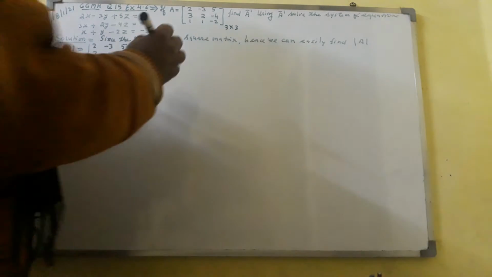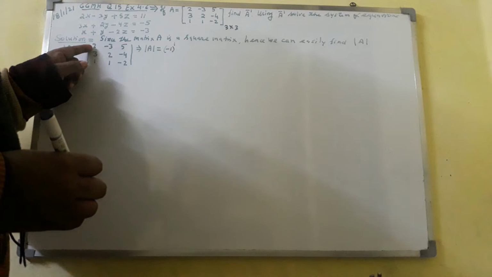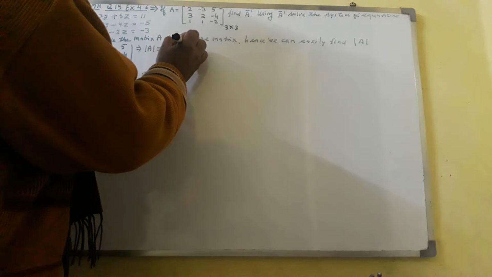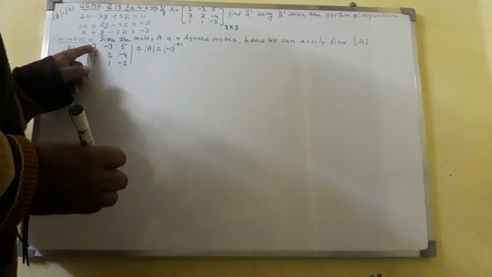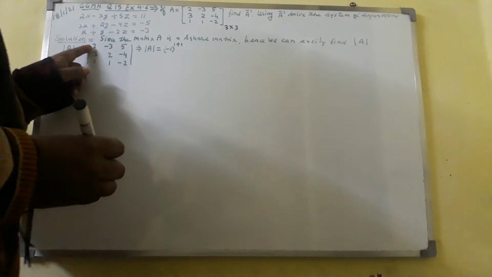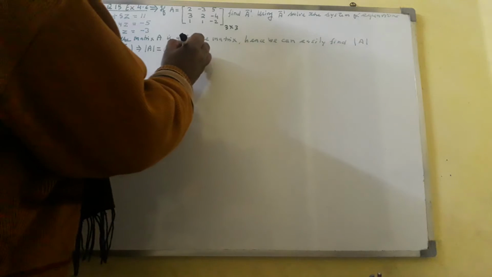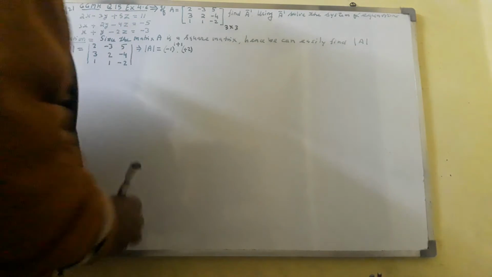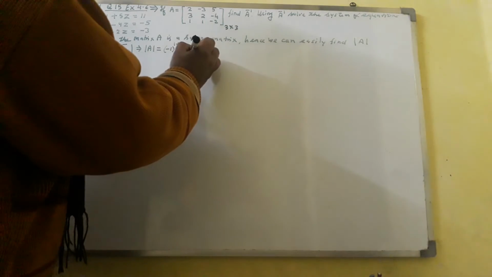For the element plus 2, 2 is there in first row, so I write 1, and 2 is there in first column, so I write 1. This element will be written with sign, so here write plus 2. After that, dot will be there.